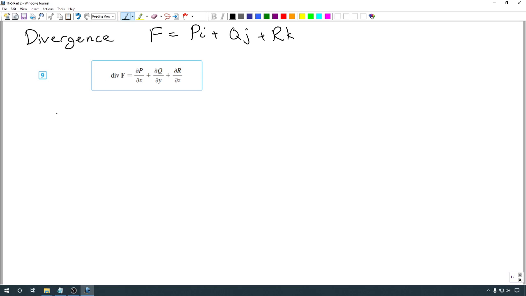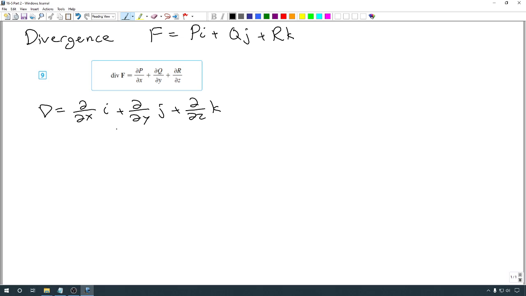Also note that we can use our nabla that we were using before, the derivative with respect to x, i plus the derivative with respect to y, j plus the derivative with respect to z, k. If we take this and take the dot product of it with F, now, this is just a pseudo vector.